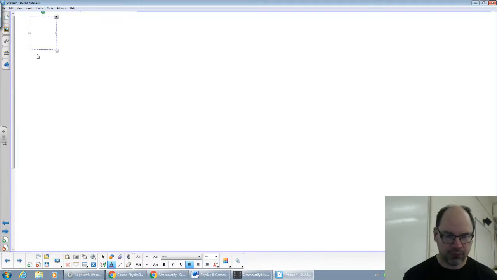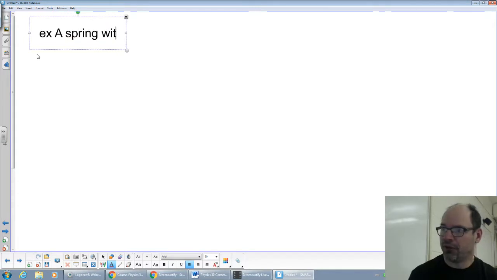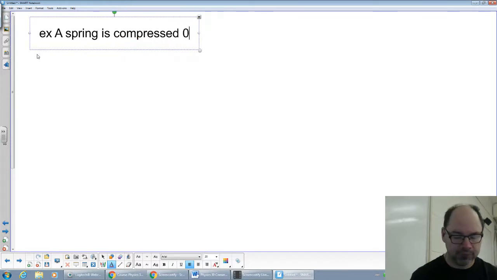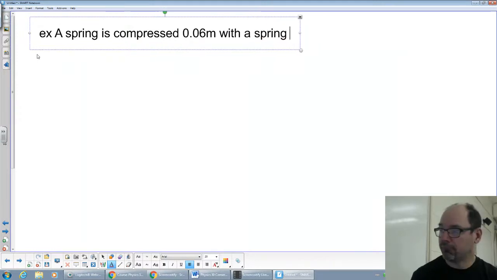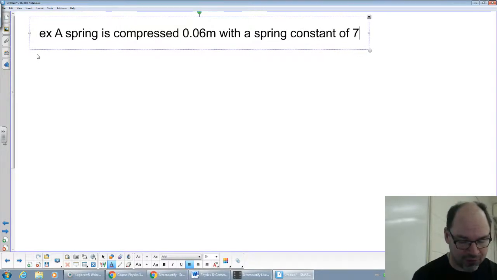Example. A spring, let's say a spring is compressed .06 meters with a spring constant of 78 newtons per meter.